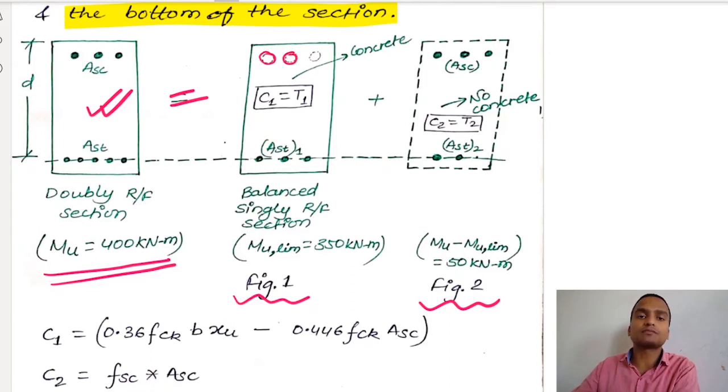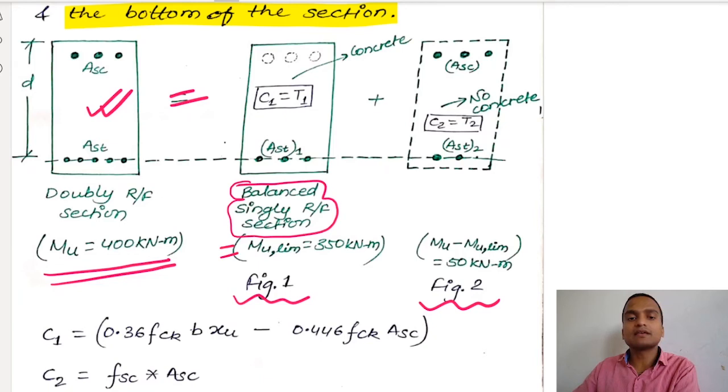In these three holes there is no concrete, and I have shown them by dotted lines. There are only 3 bars in the tensile reinforcement, Ast1. This is a figure of a balanced singly reinforced beam, which can very easily carry Mu limiting, and this beam will carry 350 kilonewton meter.